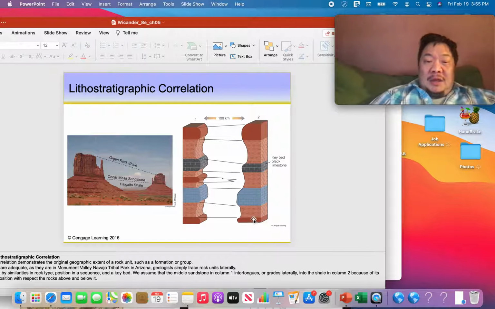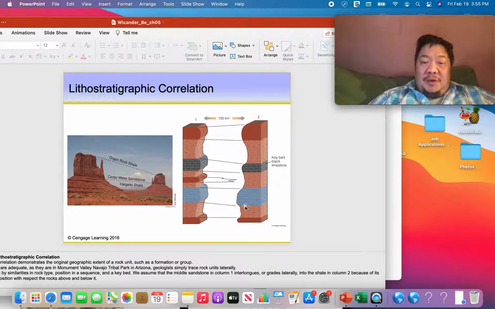You found this sandstone and this shale, and this sandstone and this shale, so you could draw that correlating line here, and this correlating line here between the shales and the limestone. But notice that this sandstone is not here at this location, and this is called a pinch out. That's where the sandstone between these two locations disappeared somewhere in between, and this is how we draw a pinch out.